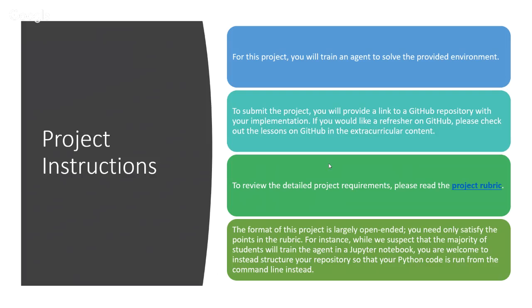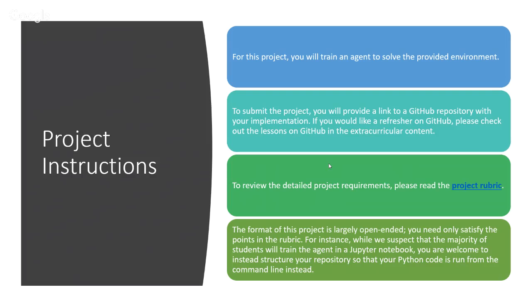This environment is a Unity environment and has different versions depending on your operating system. You must submit the project. You'll be provided a GitHub repo with your implementation. You can also zip your project and send it through. The requirements are in the project rubric, which I'll go through later.